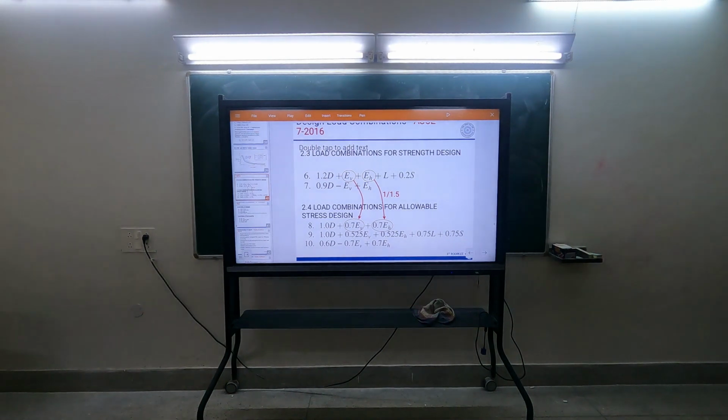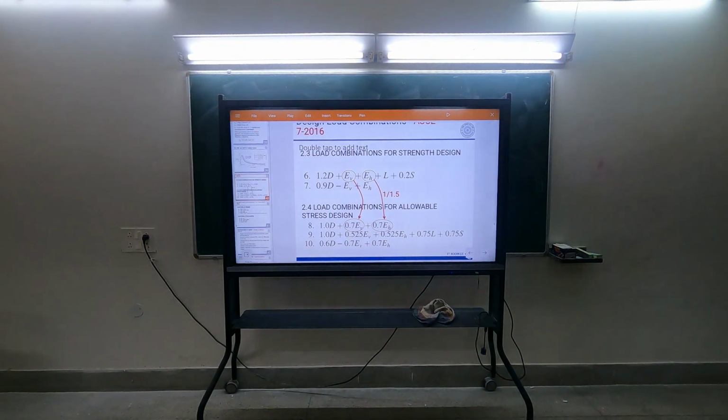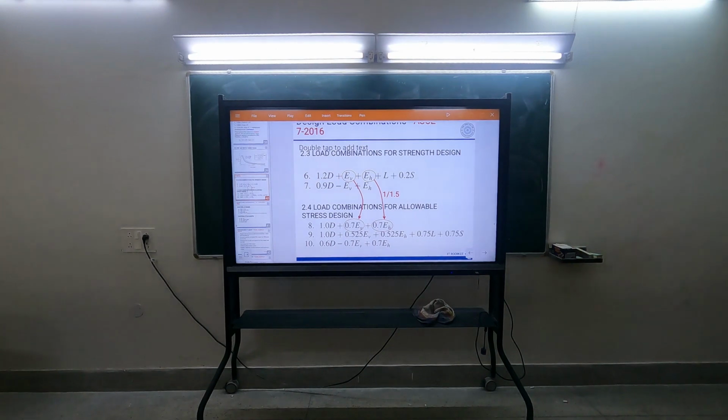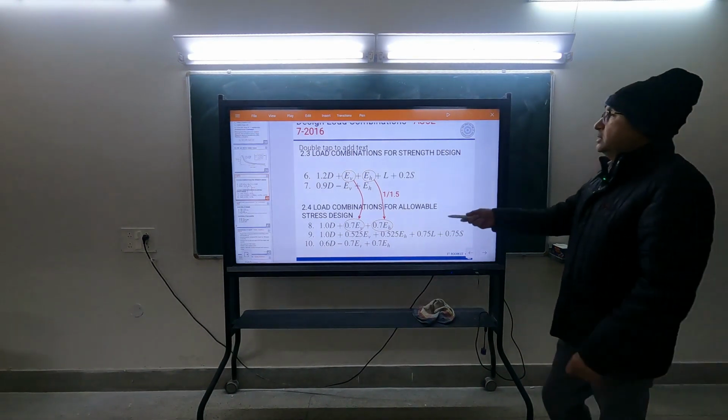How much is the permissible stress? 0.6 times Fy. Okay, so you are using Fy by 1.1, that is approximately 0.9. So 0.9 times Fy you are using in limit state method, 0.6 times Fy you are using in working stress method. So what is the ratio? 1.5. So that is this ratio.